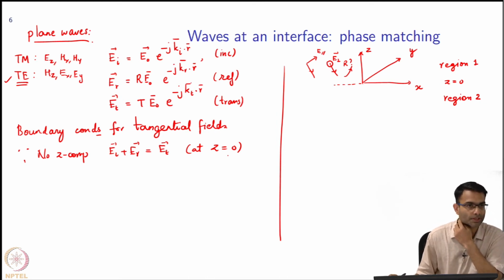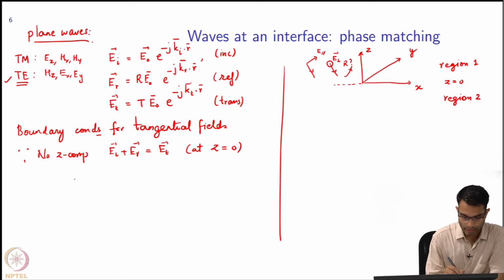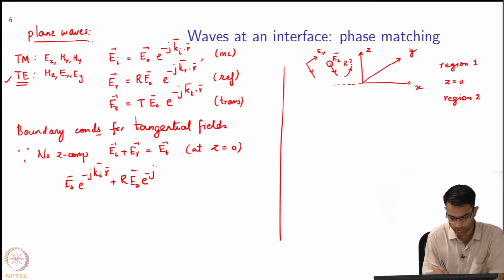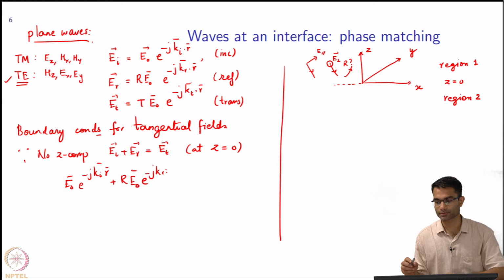So, we will substitute these expressions inside. I am going to get E naught plus... z equal to 0 is the interface.